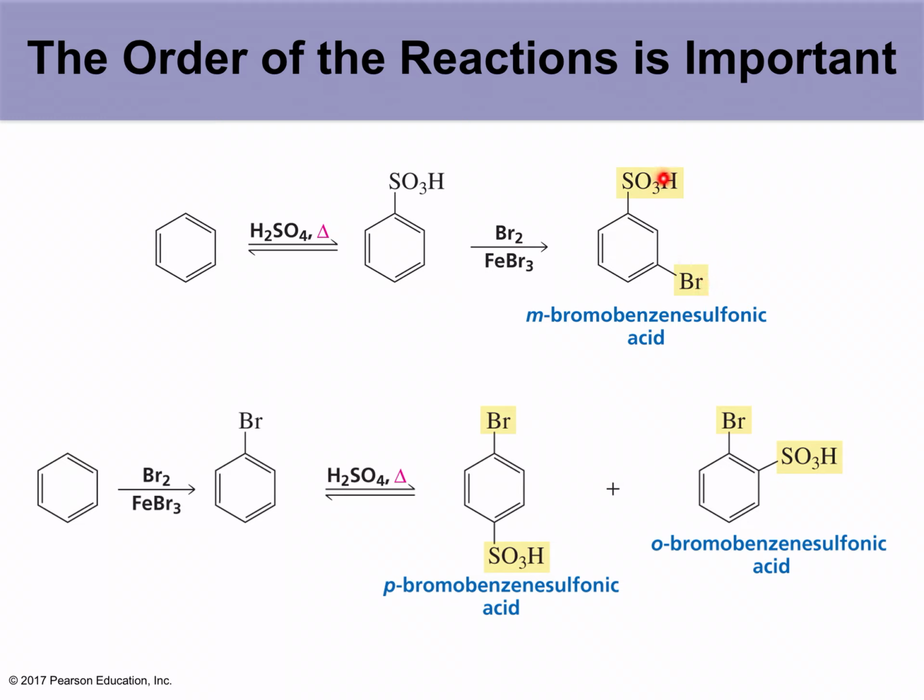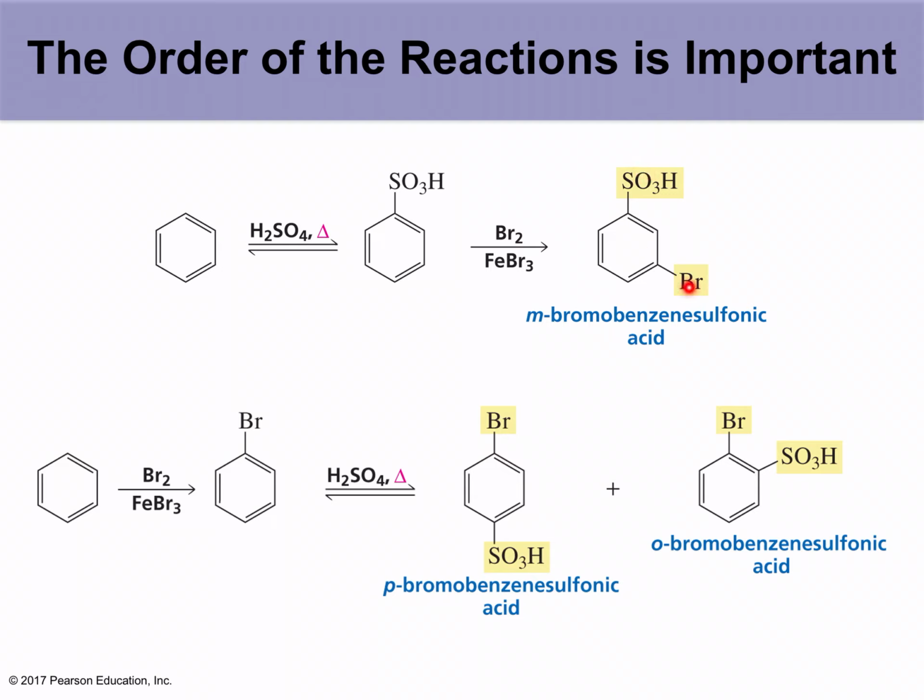And this sulfonyl group is meta to the bromine. Now, if you look at the 2 substituents, this is a sulfonyl group, this is a bromine. So, halogens, are they ortho-para directors or meta directors? Halogens are ortho-para directors and the sulfonyl groups are meta directors.